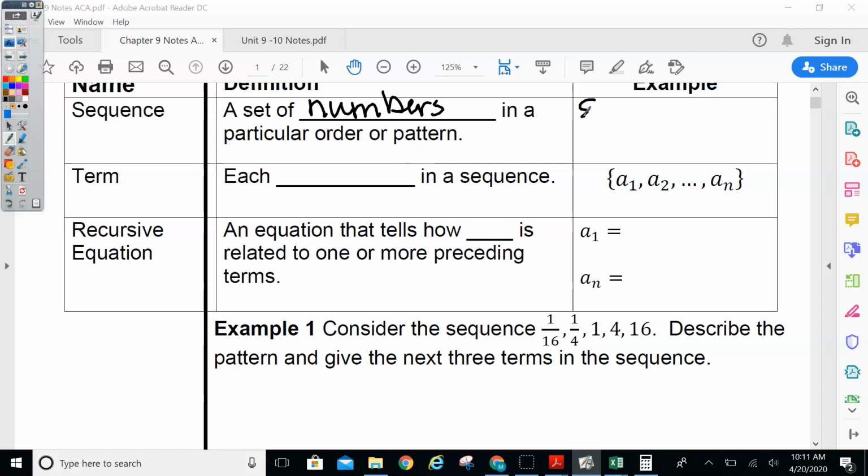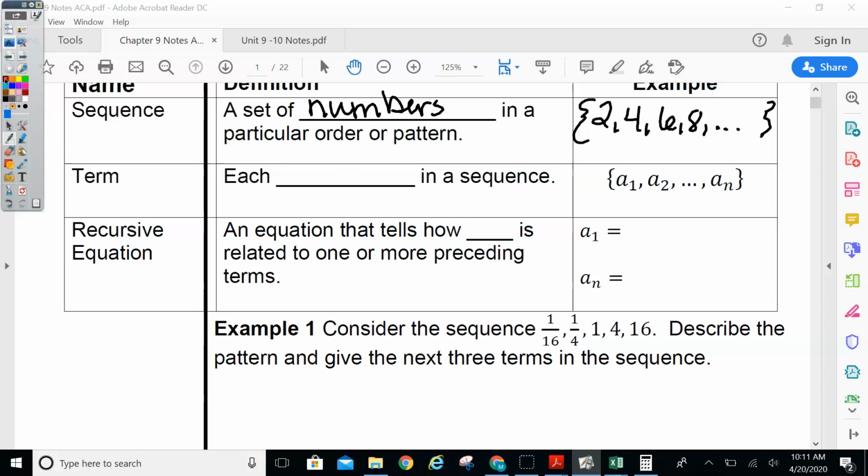So for example, I can say the set of even numbers is 2, 4, 6, 8, ... And it doesn't have an end because even numbers go on forever.